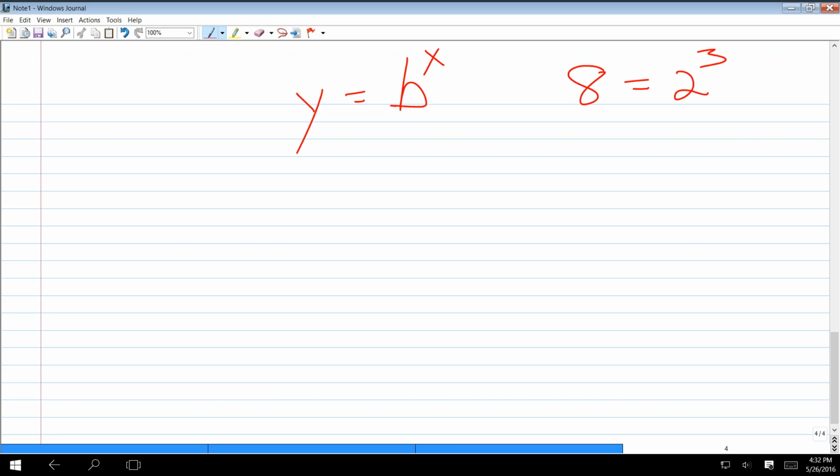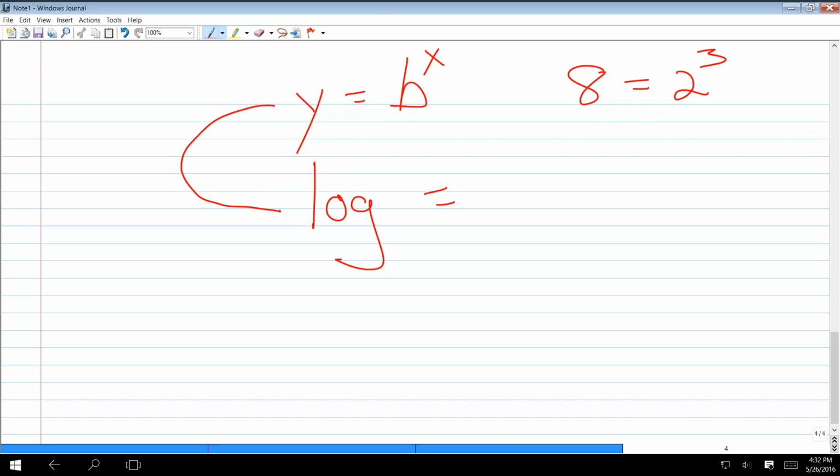Now, every exponential expression has an equivalent logarithmic expression. So if I want to express this logarithmically, I only have to remember one thing. Logs are what? One word.